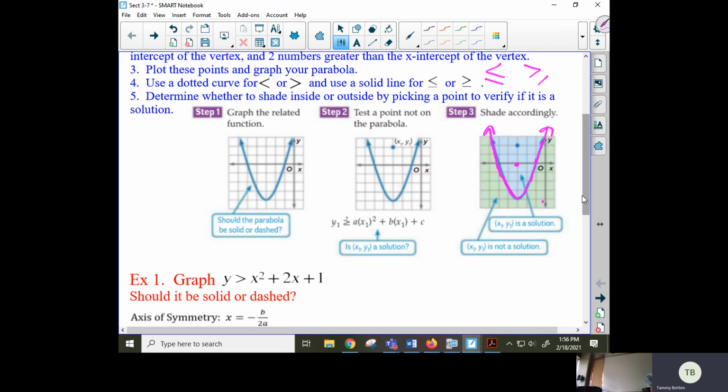Then we would shade inside the parabola. If we picked a point outside like 0,0, and it did not work, then that would tell us don't shade there, shade inside. So you can pick a point inside or outside. If you pick inside and it works, that's where you shade. If you pick outside and it works, that's where you shade. Okay?